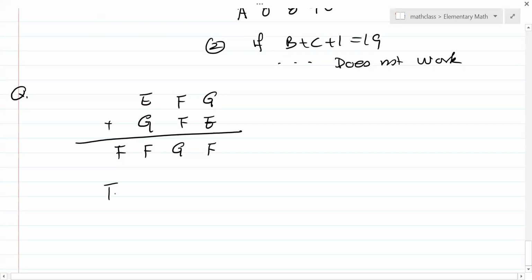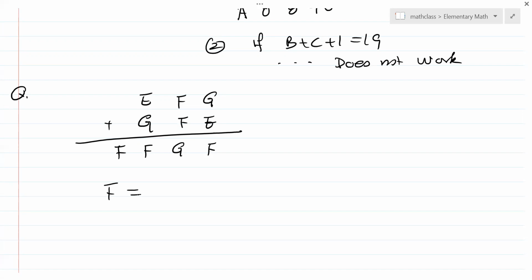So first step, figure out F. Why must F be 1? Yeah, F must be 1.